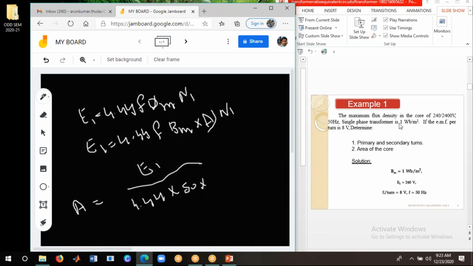The maximum flux density is given as 1 and the number of turns in the primary is 30. Now find the value of A. Here E1 is 240. 240 divided by 4.44 into 50 into 1 into 30. Then find the value of A, the area of cross section.